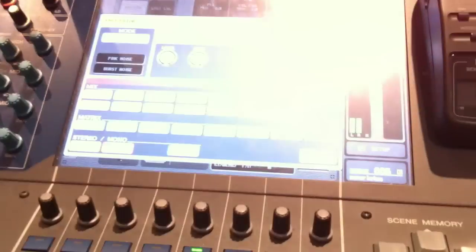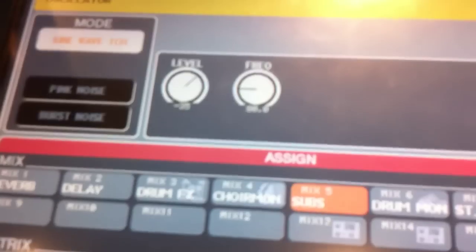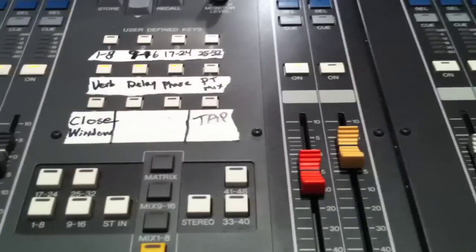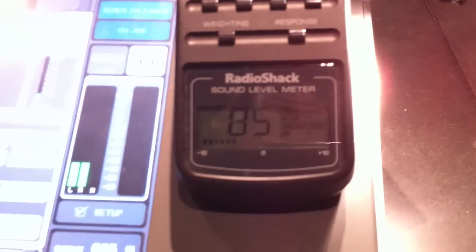First off, we're going to get an idea of what frequency we want to issue the low-pass frequency. The way I do that is I've got the tone generator set at about 80 hertz right now, and if I play the mains only, this isn't the subs, you see I've got it set at about 85 dB.